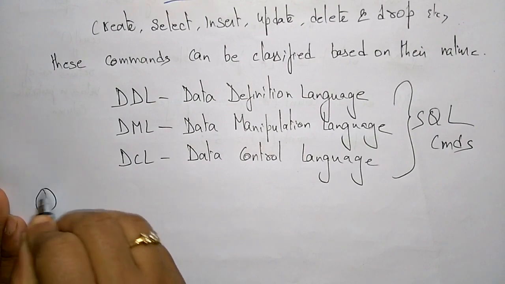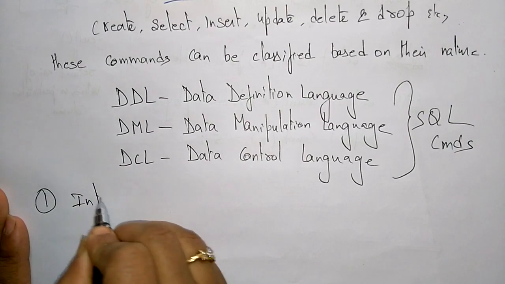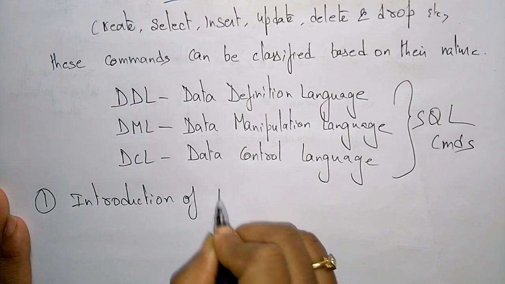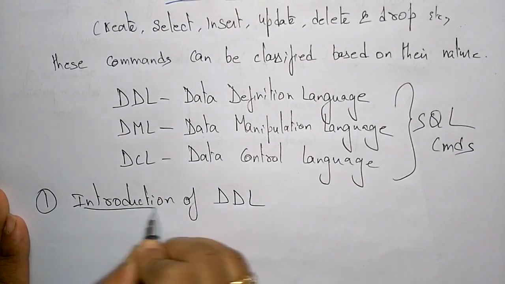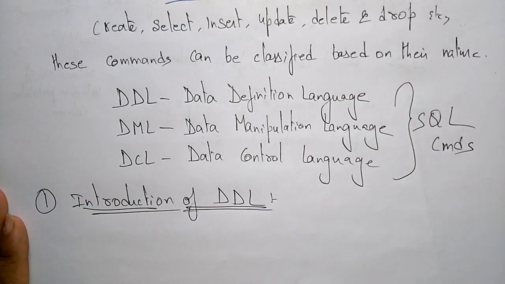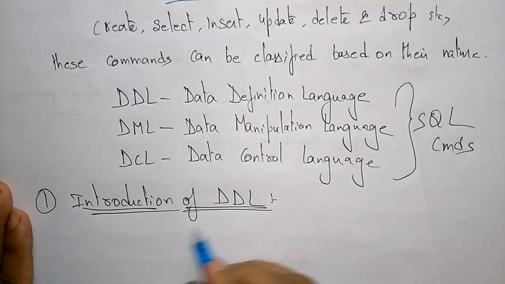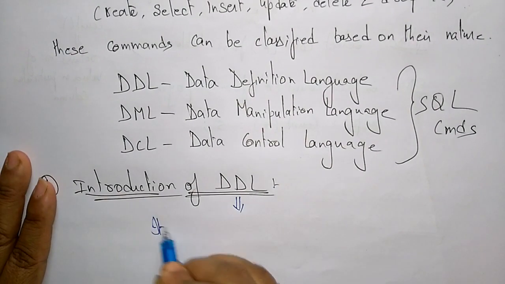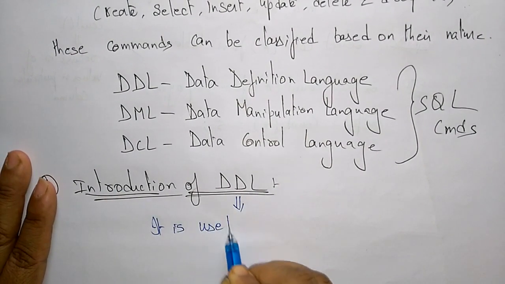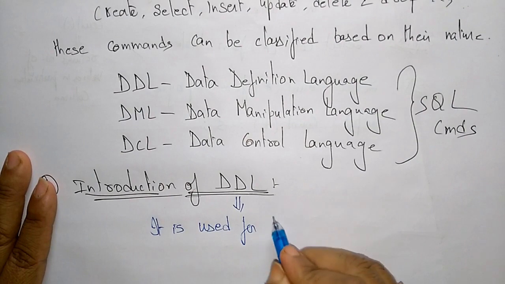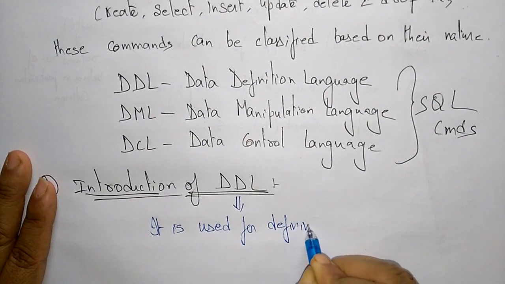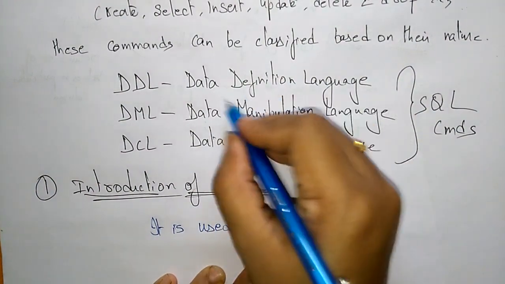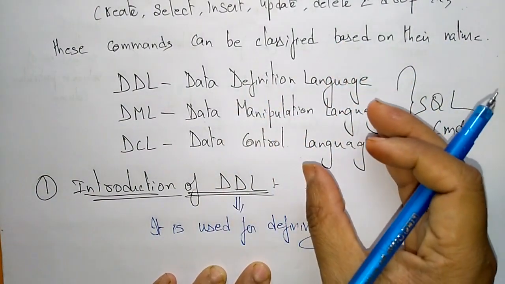So first we'll take the introduction of the data definition language. What is the main use of this data definition language? The name itself is saying data definition, so a definition will be present in that.